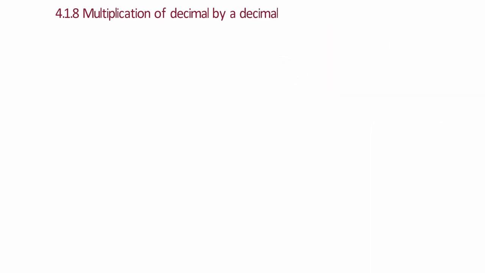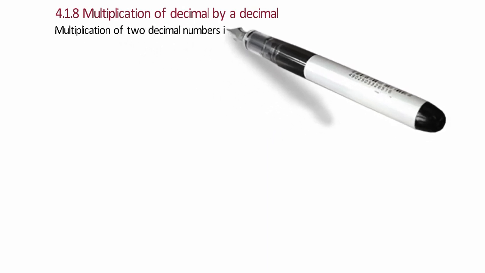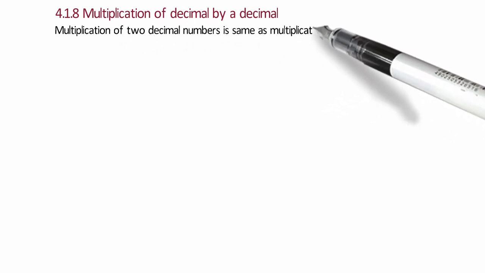Multiplication of decimal by decimal. Multiplication of two decimal numbers is the same as multiplication of whole numbers.